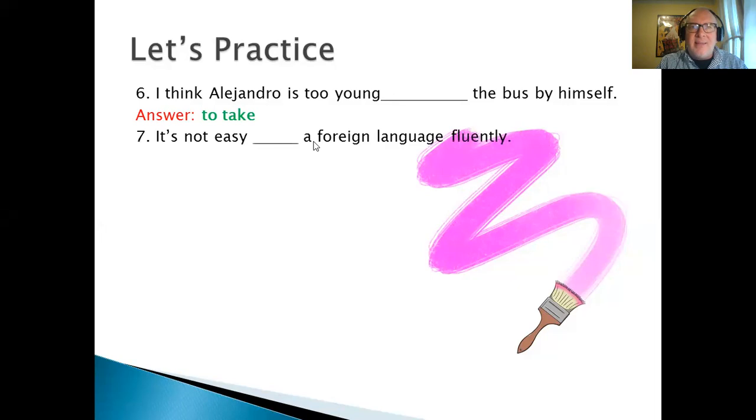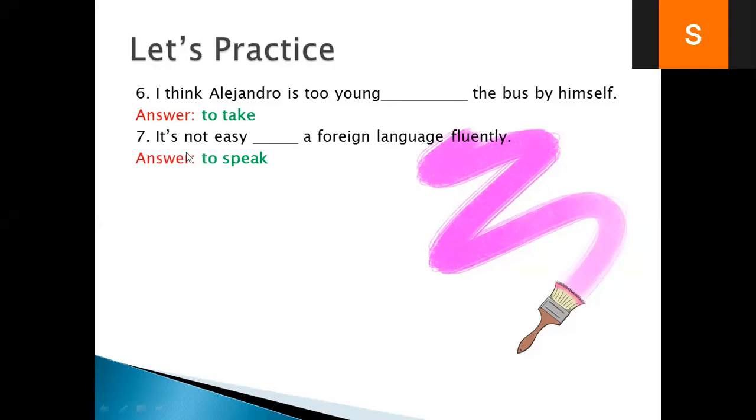All right, let's look at number 7. It's not easy ___ a foreign language fluently. To speak. Infinitive, because we have that phrase "it is" in front. Remember, whenever we have it's easy, it's fun, it's difficult, it's hard, then to.